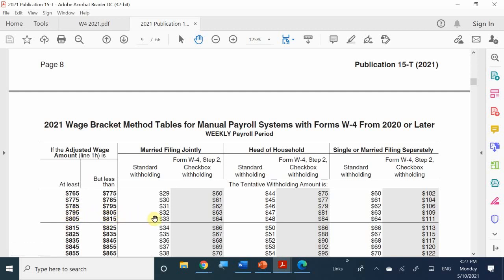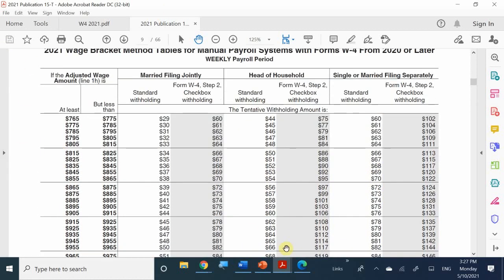And I'm going to pull down and I'm going to see that the amount that I'm going to be, well, I'm not filing jointly, head of household, so I'm filing as single. So therefore, my amount that I'm going to withhold is going to be $68. Okay? $68. All right? So that's how you use the bracket method. And like I said, this is rounded numbers.